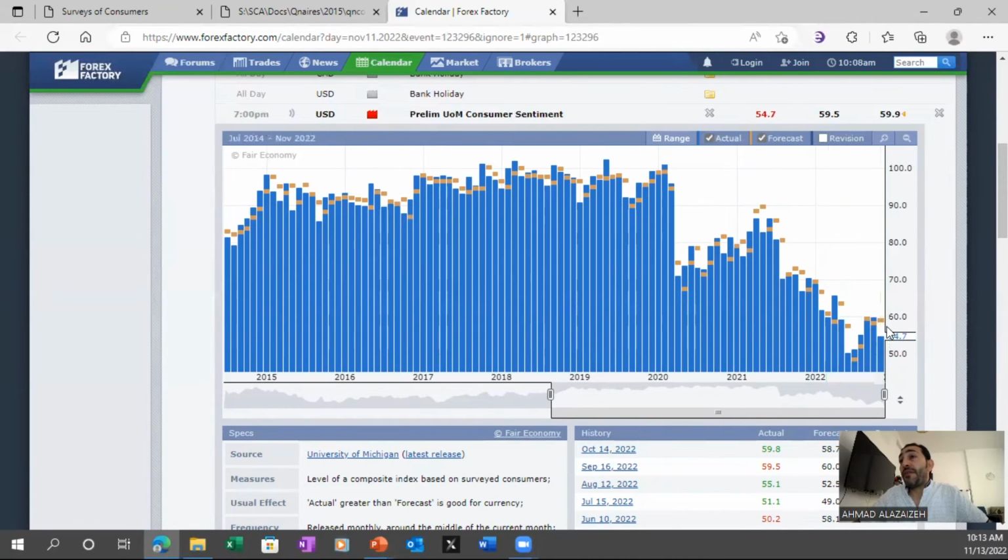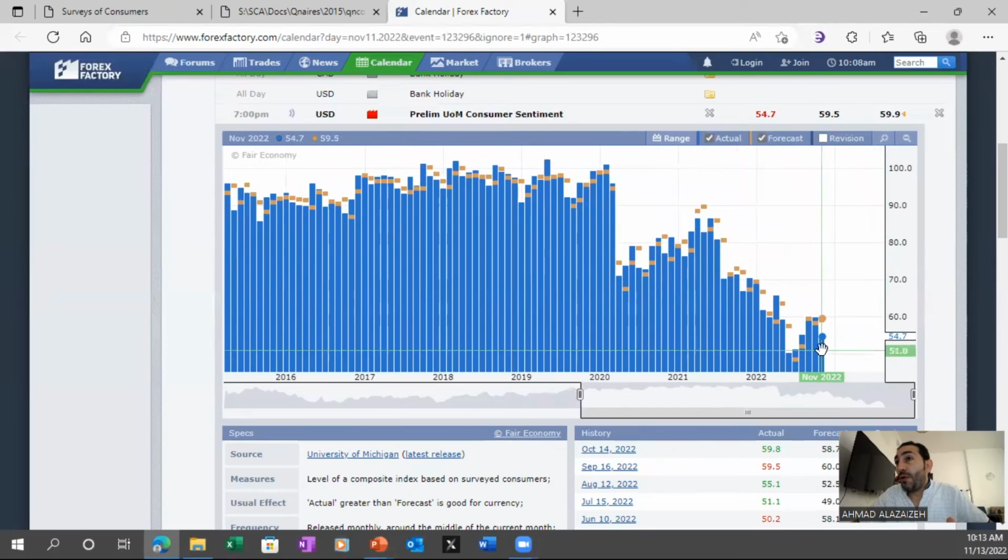However, if the actual is below the forecast, here in this candle the actual is above forecast, which is good. Here, the actual is below forecast, which is worse. If the actual is below forecast, that means the condition is worsening. Hence, there will be no employment and no growth in the GDP. Hence, a rate cut is most likely to come.